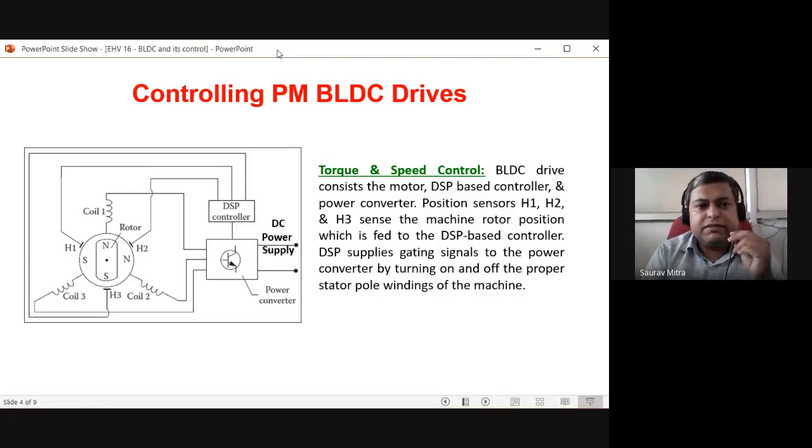So what all things are we finding here, let us have a look. This is the motor arrangement, and all three coils, that is the stator static coils, are receiving the supply. Towards the middle of the slide, this is the DC power supply, a simple DC supply coming from a battery.